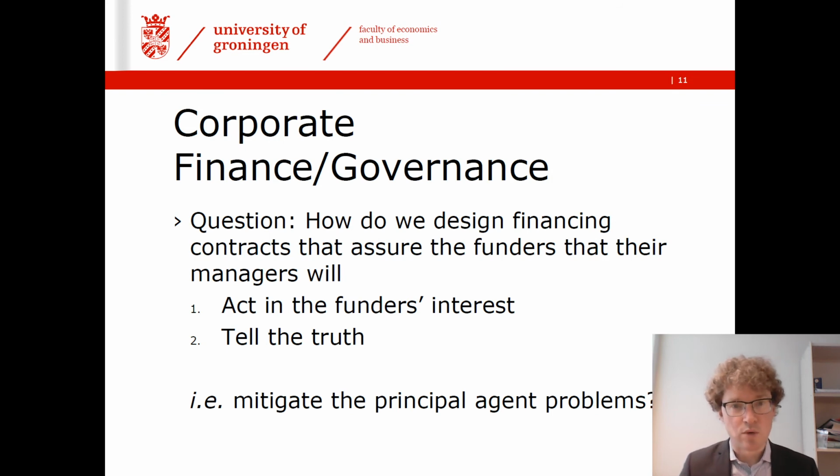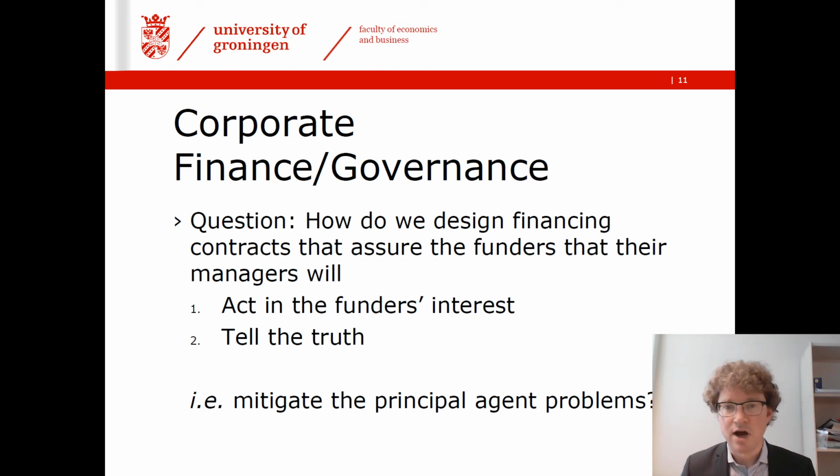So what does corporate finance or corporate governance, which is almost a synonym, slight differences perhaps, but we'll treat them as almost synonyms, do? Well, in corporate finance, we try to answer the question: how should we design the funding contracts, the financing contracts between financiers, outside investors, and those who are managing or running the firms?